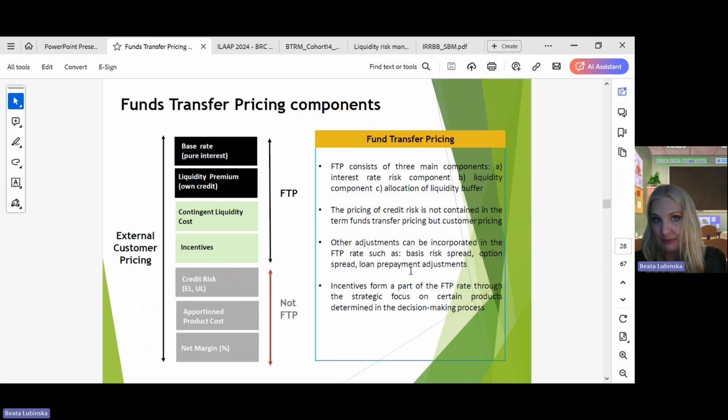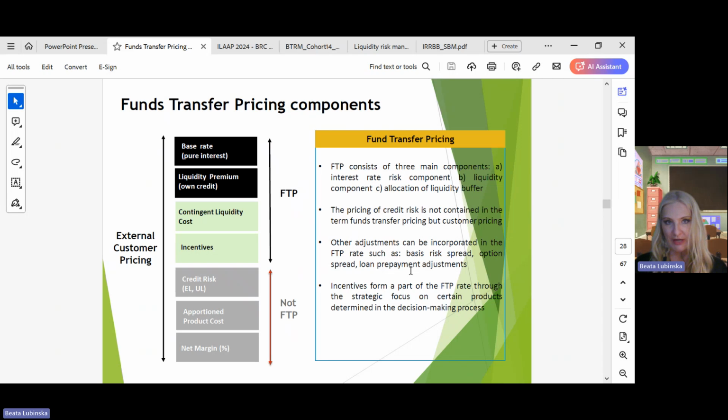So the FTP rate is composed of building blocks. Imagine each one is like a small spread, which is covering each kind of risk which is transferred from the business unit to the central unit.